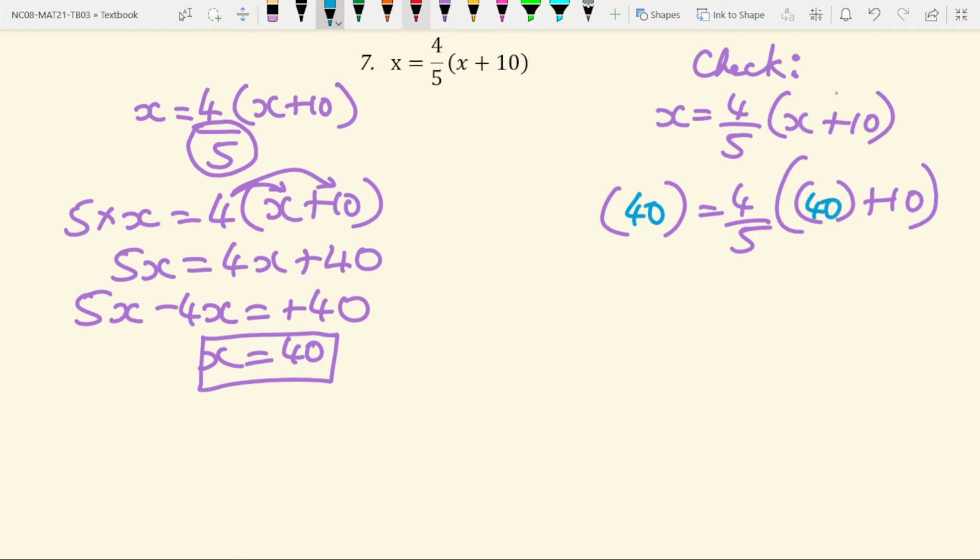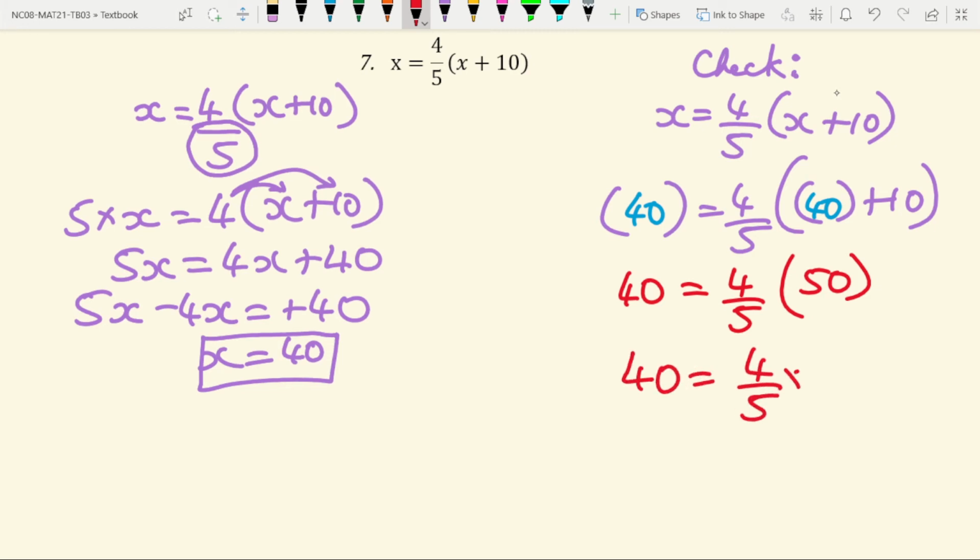So let us solve it. Here we cannot solve anything, so it will remain 40. This is 4 by 5 and this one is 40 plus 10. 40 plus 10 is 50. This is a fraction, so we have to convert 50 also into a fraction. So 40 is equal to 4 by 5, into 50 written as 50 by 1.